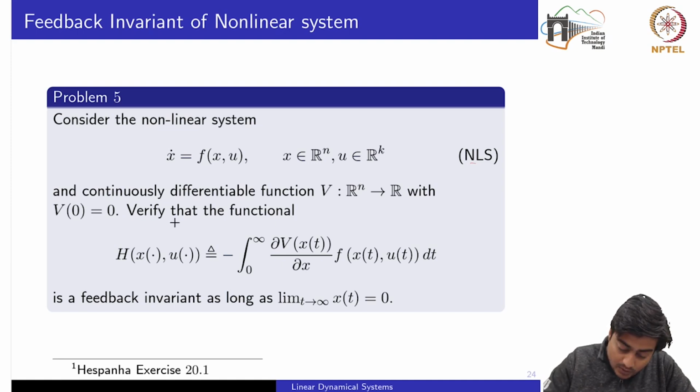We need to validate whether this functional H, defined as this one, is a feedback invariant as long as x(t) goes to 0 as t tends to infinity. This problem was taken from the book by Joao Hespanha, exercise number 20.1.